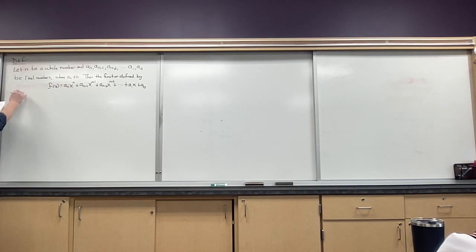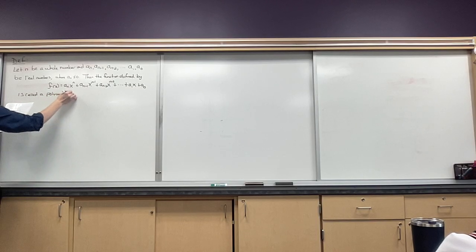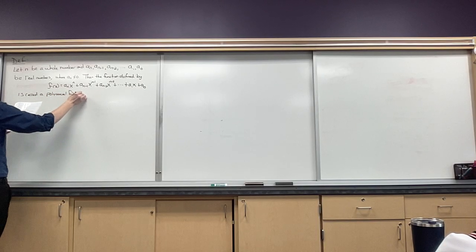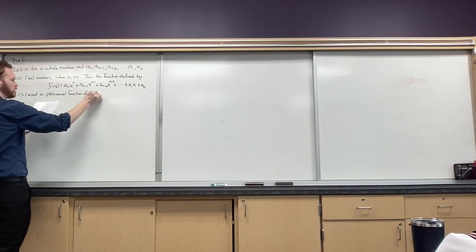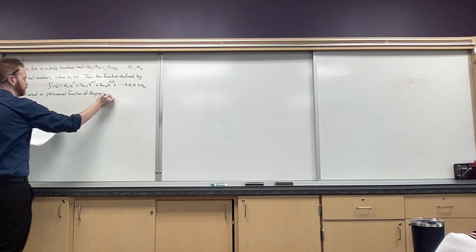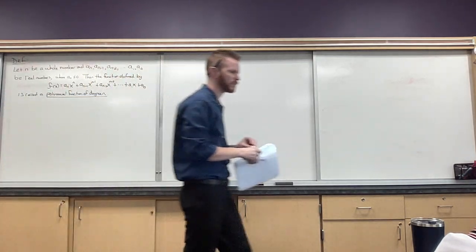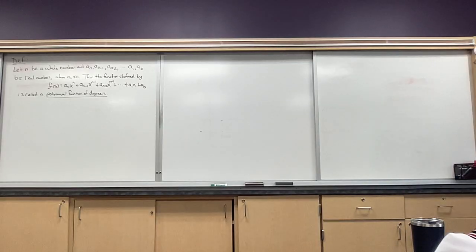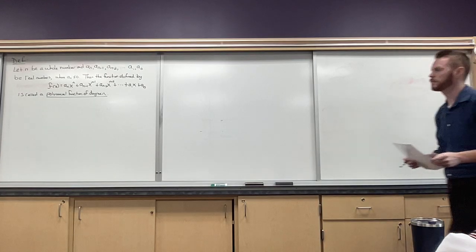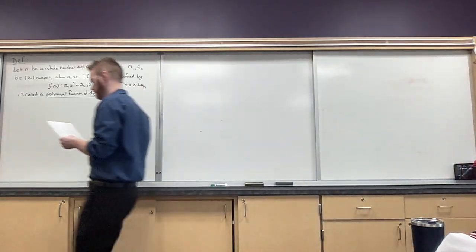Okay, so it is called a polynomial function of degree n. Okay. So it's kind of nice to see how this is written formally as a math definition. But let's put actual examples underneath it.